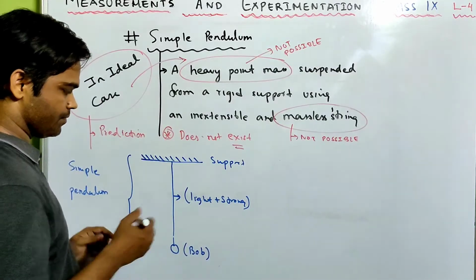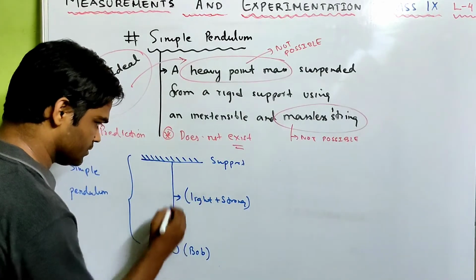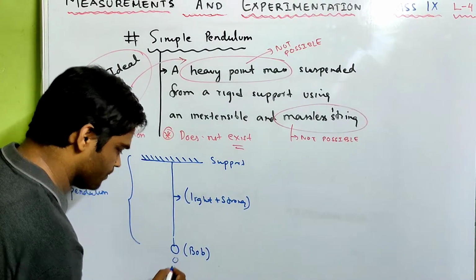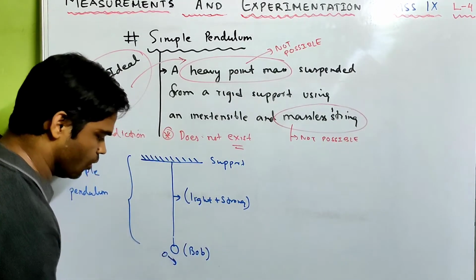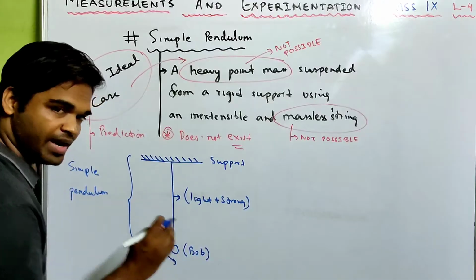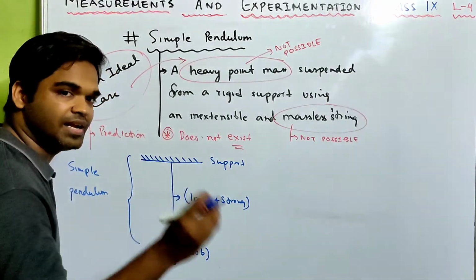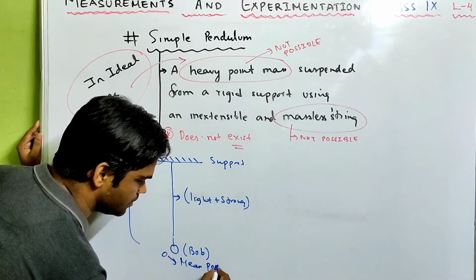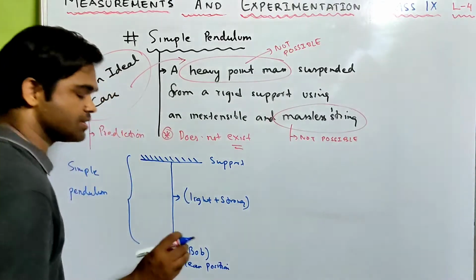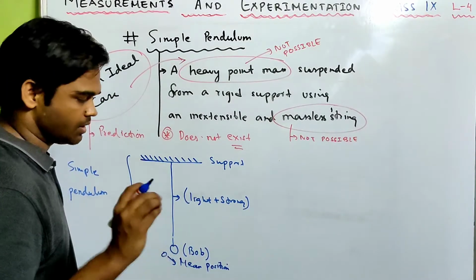Now look carefully. This position, suppose this is your O, where the bob is at rest, is known as the mean position of the simple pendulum.